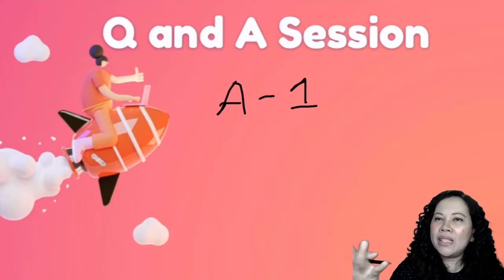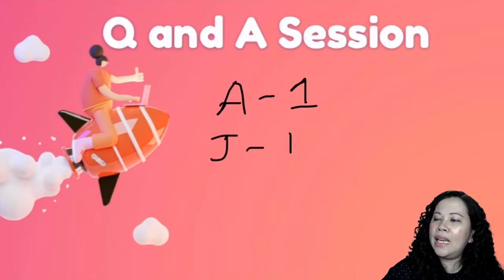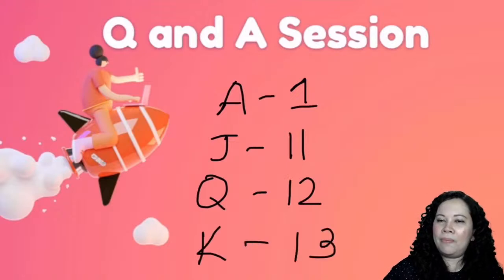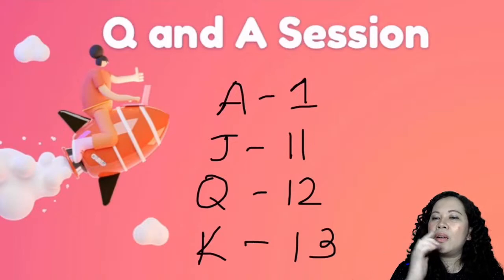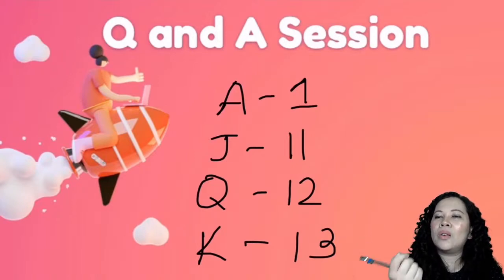So when we start the 24 card game, your A is 1, your Jack is 11, your Queen is 12, and your King is 13. The rule of the game is you can use any of the operations in math. However, you can only use the card once.